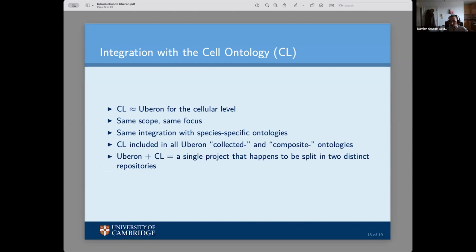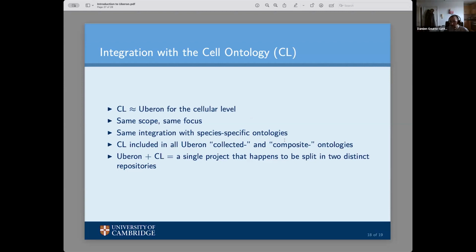CL has the same scope and the same focus as Uberon. So the scope is animal cell types, and the focus is on vertebrate cell types. It has the same integration with species-specific ontologies using the same mechanisms, the same bridges. And CL is automatically included in all collected and composite ontologies.